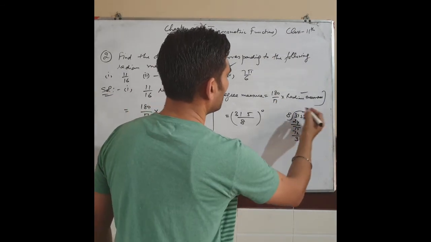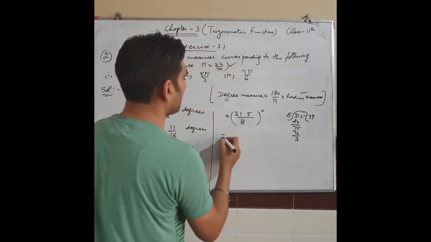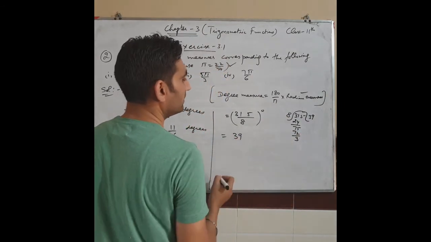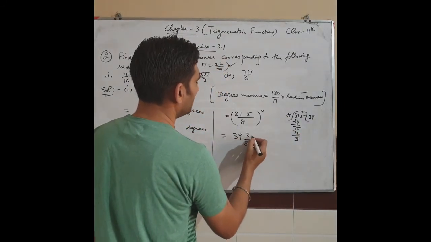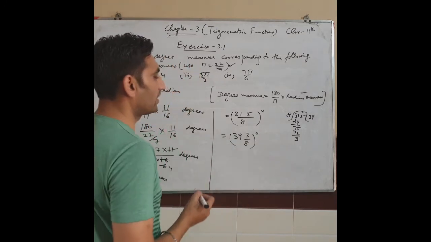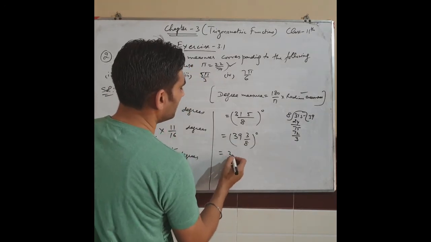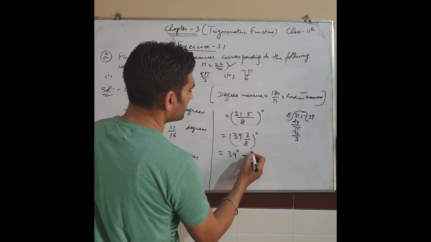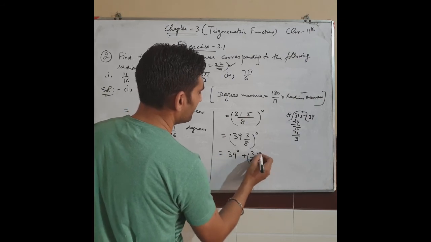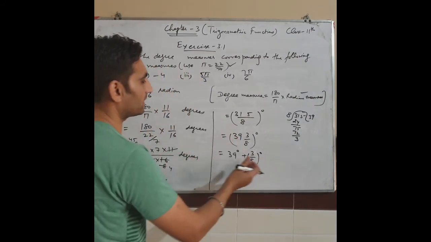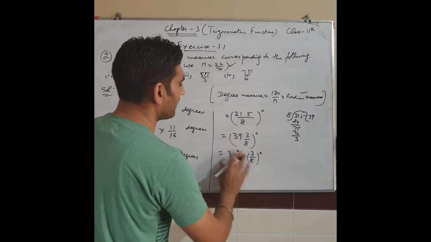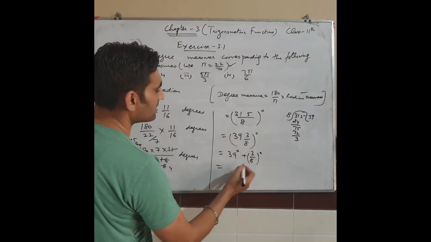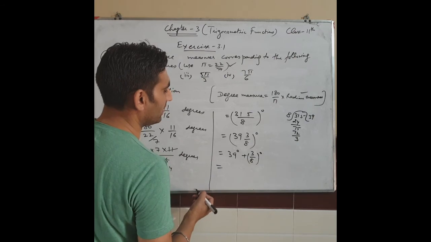You can mark it in the form of a mixed fraction. This can be written as 39, 3 by 8 degrees, or which can be written as 39 degrees plus 3 over 8 degrees. This combination of these two, try to remember this, students. I am writing in an easy way. Okay. So this is a combination of these two values of degree.